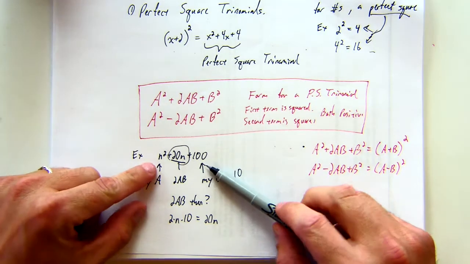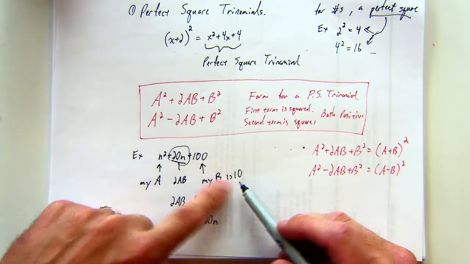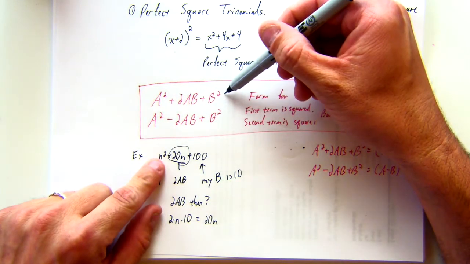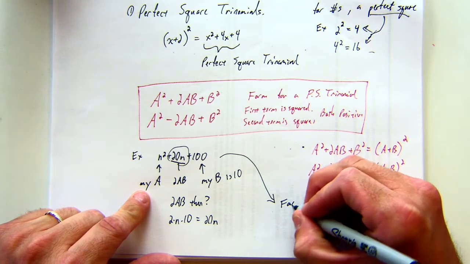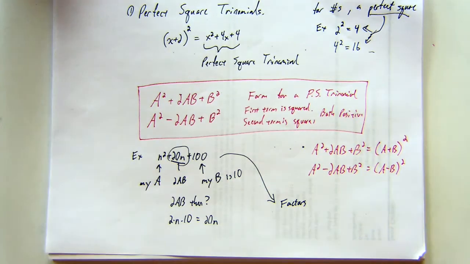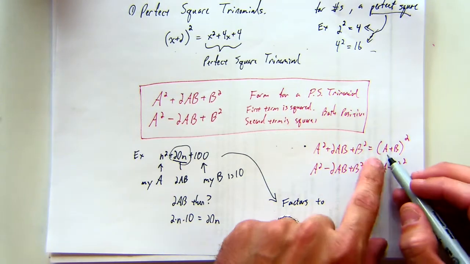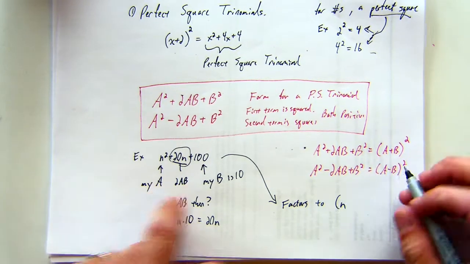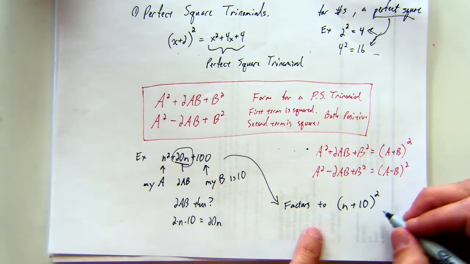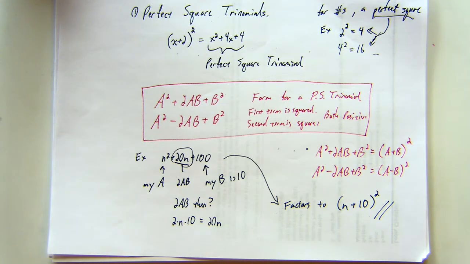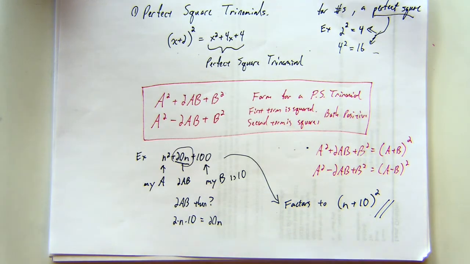So I've identified in this case my a is n, my b is 10. It is of this form, so what does this factor to? Using this rule, it factors to my a, which was n, plus my b, which was 10, and then it's going to be squared. So if you can learn to recognize perfect square trinomials, you can immediately factor them without having to do a lot of work.